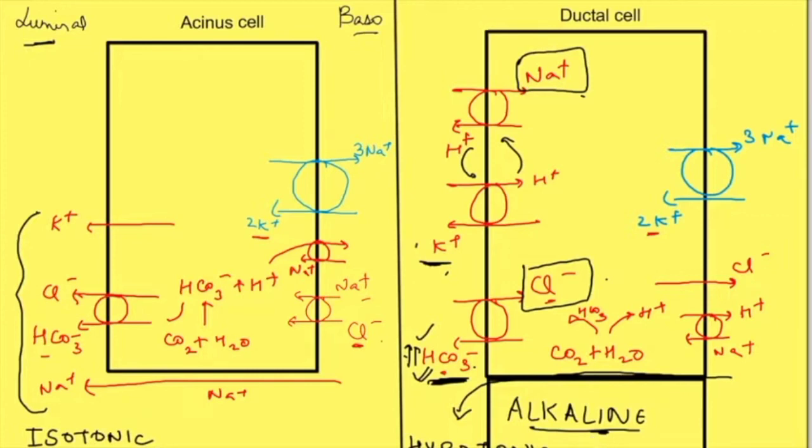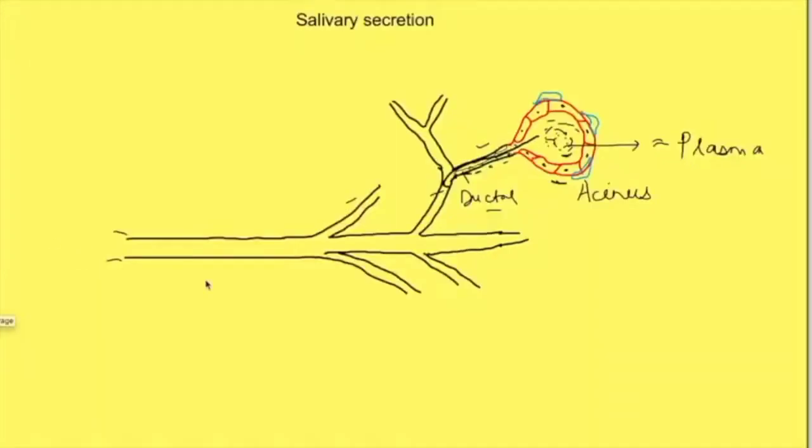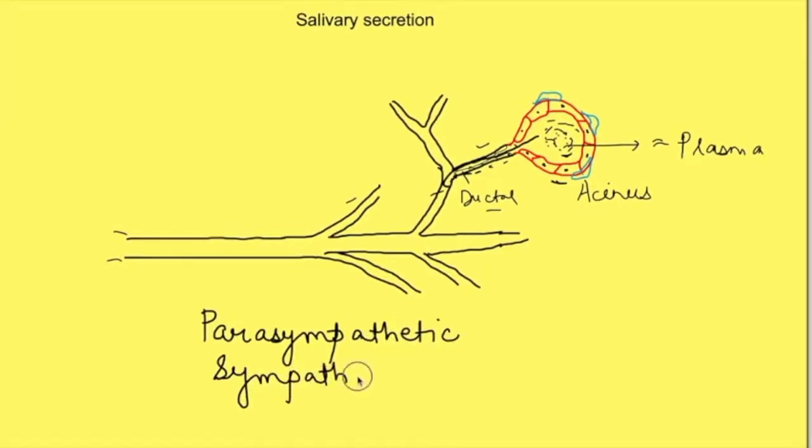So now what are the stimulants for salivary secretion? Well, salivary secretion is wholly controlled by nerves. There are very few hormones from blood and the effect which they are having on salivary secretion. So these nerves which control salivary secretion are parasympathetic and sympathetic nerves. That is, it is having autonomic control. Now in salivary secretion, both act hand in hand.